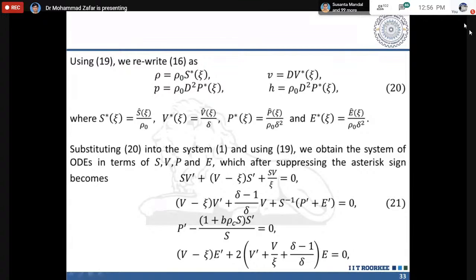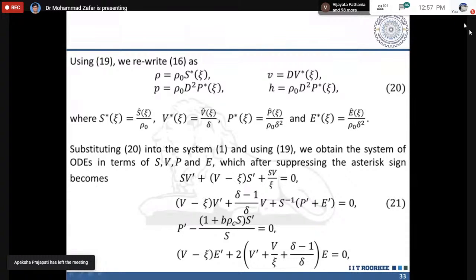So we see here, we have 4 equations, 4 unknowns plus 1 more unknown. You see here, delta. Delta is still unknown. So 4 equations, 5 unknowns now. S, V, P, E, the 4 flow variables, and 1 more variable, delta, unknown.